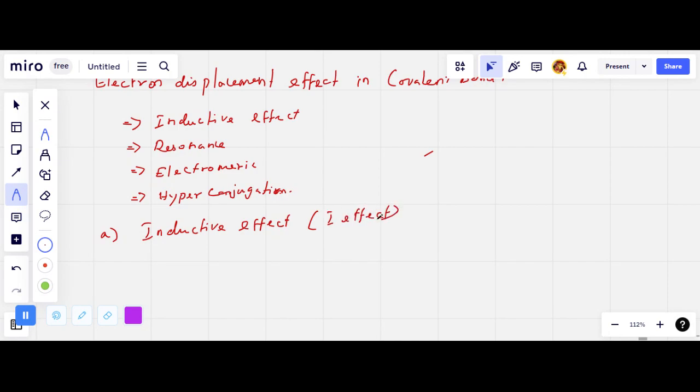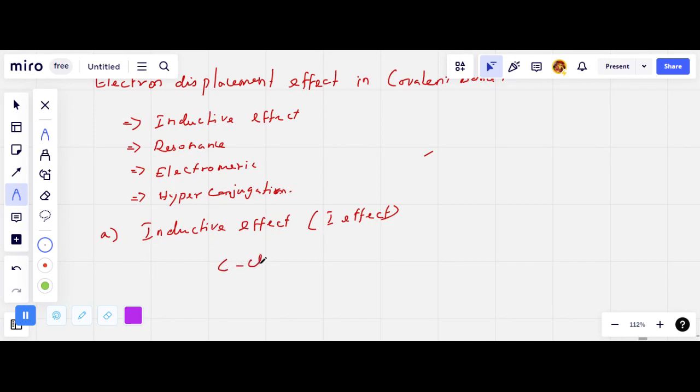In a polar covalent bond, the electrons are shifted to the more electronegative atom, and hence a polarity is developed in the bond. That's what we have seen in HCl. For example, take a C-Cl bond.